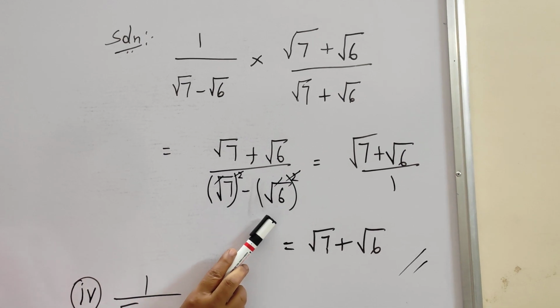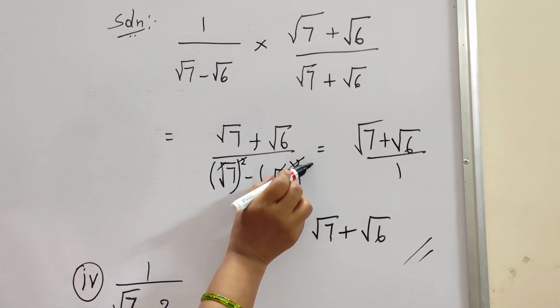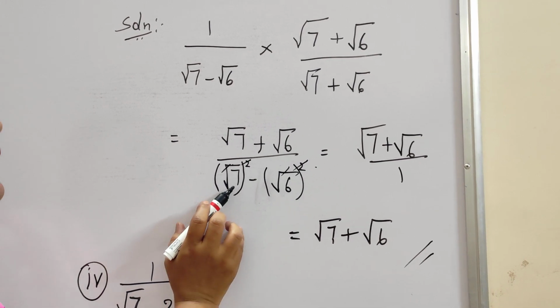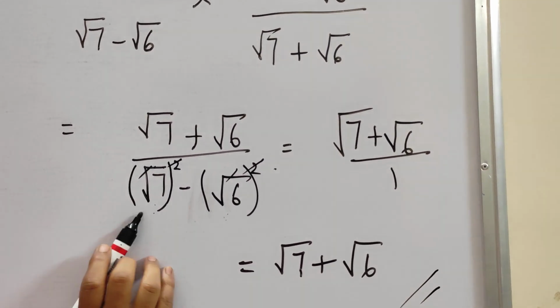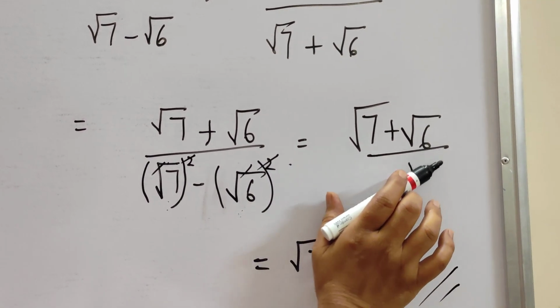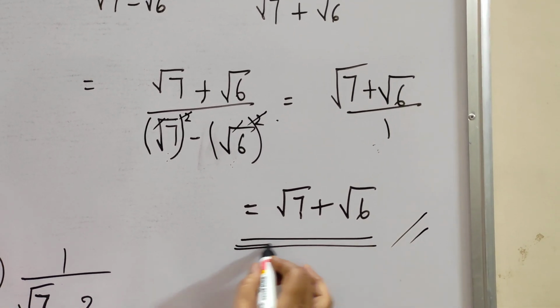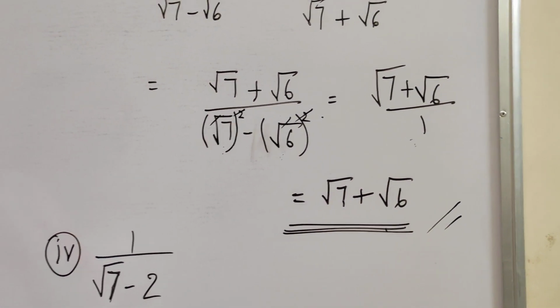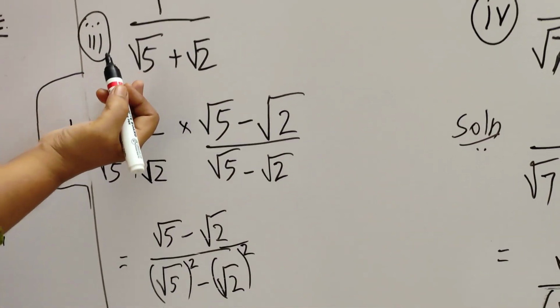That identity I have used. So here square and root gets cancelled. Then what happens? It becomes 7 minus 6. 7 minus 6 is what? 1. So root 7 plus root 6 divided by 1 is nothing but root 7 plus root 6. This is your answer. Now coming to question number 3.